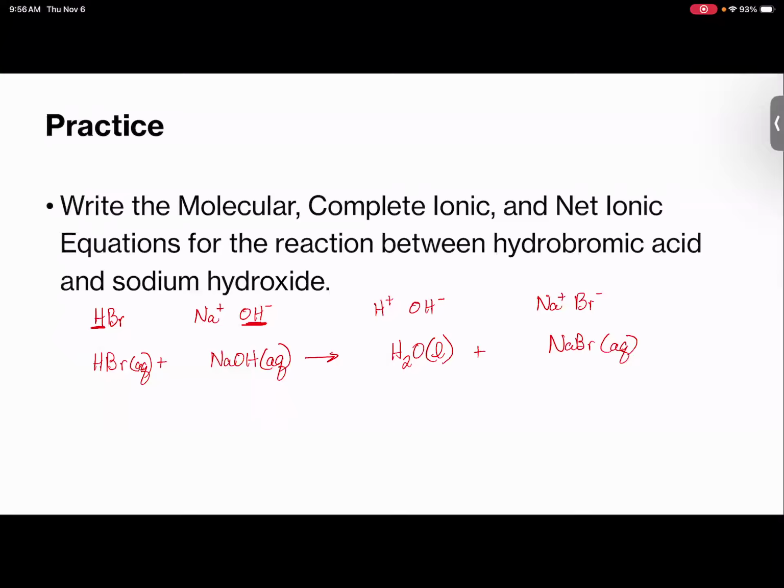So, HBr, what type of acid is it? It's a strong acid. And if it's a strong acid, that means it's a strong electrolyte. Sodium hydroxide is a strong base, which means it's a strong electrolyte. What type of compound is water?